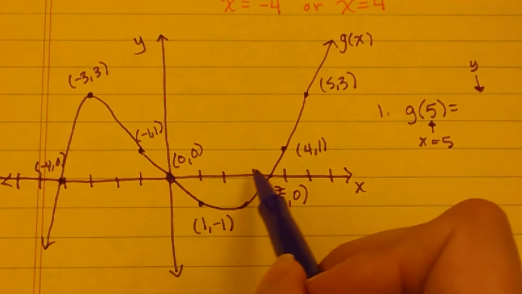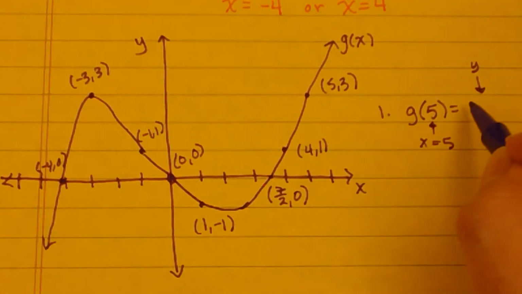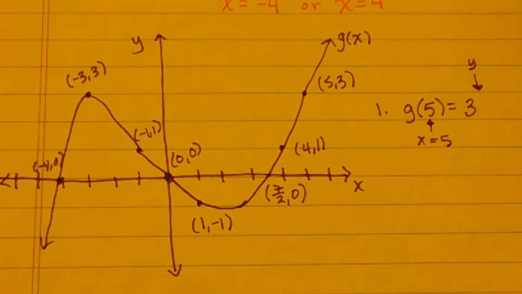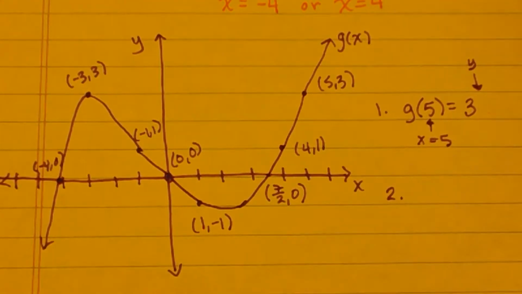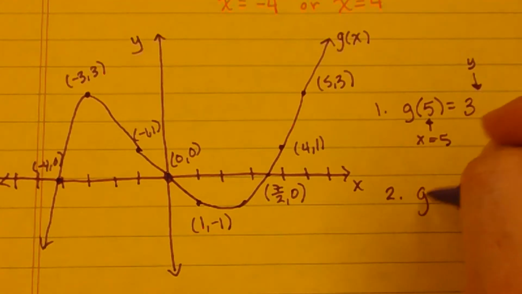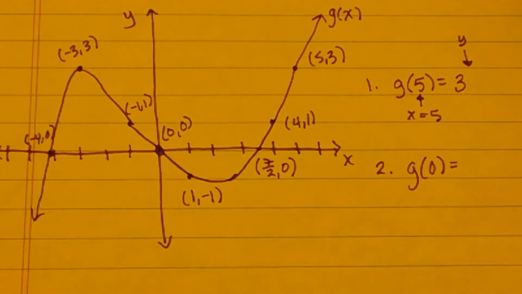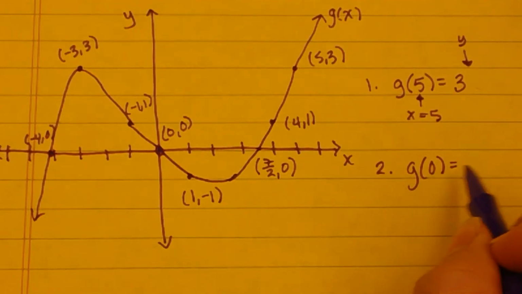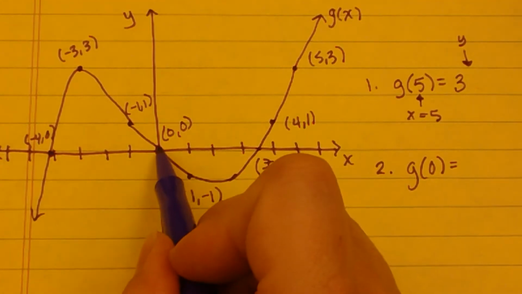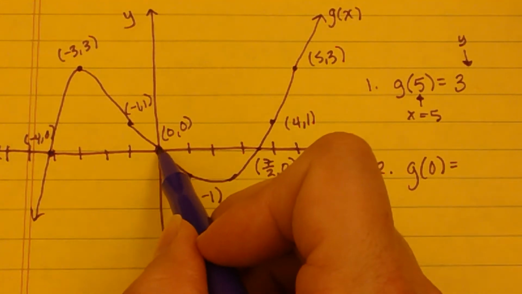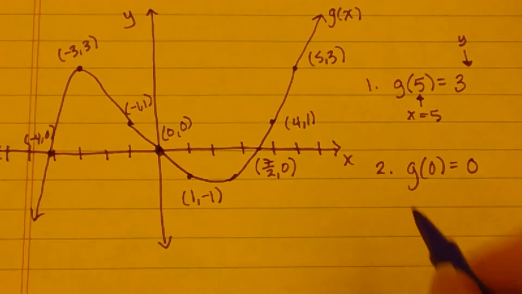So when x is 5, the y value is 3. So g of 5 is 3. I could ask you, what is g of 0? G of 0 means the x value is 0, and they want to know the y value. So go to 0 on the x-axis right here, and the y value where that graph is also 0. So g of 0 is 0.